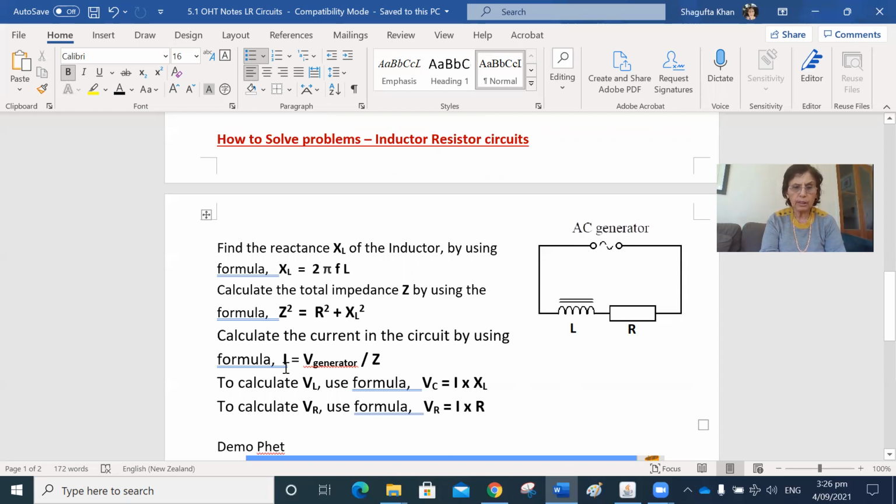To find the current, it is the generator voltage or supply voltage divided by the total impedance. Once we've got the current, we can find VL. Sorry, this one should be VL. VL equals current times XL, and VR equals current times R. So that's how we can solve this problem.